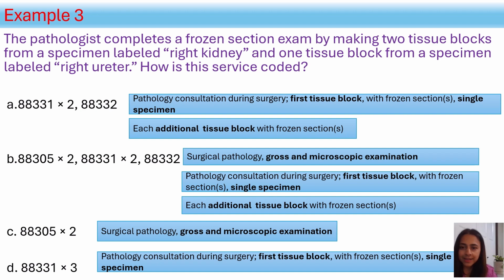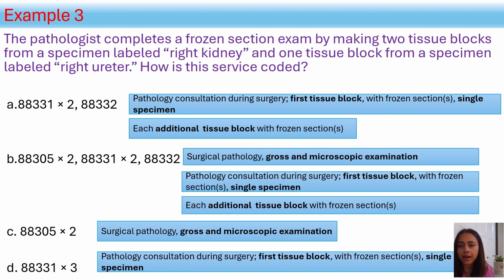Option A has first tissue block, a single specimen, and the additional tissue block, which matches our question. Option B has gross and microscopic examination, and our question doesn't say anything about that, so we will ignore option B. Option C also has gross and microscopic examination, so we will ignore it too.